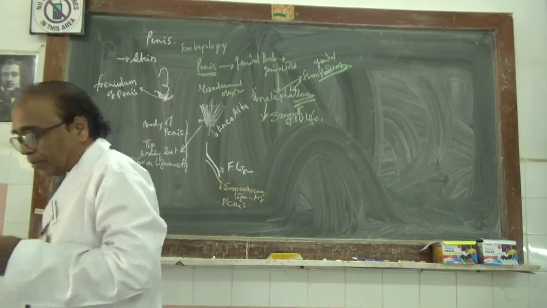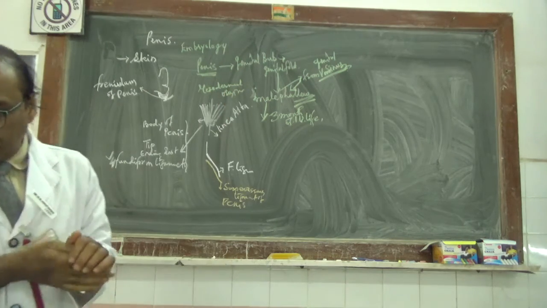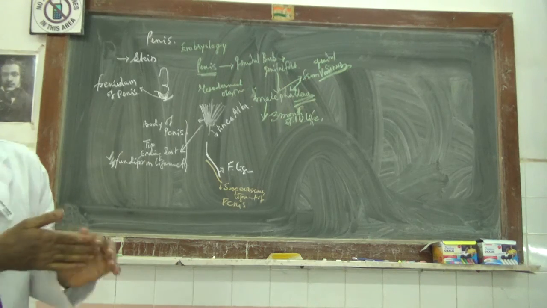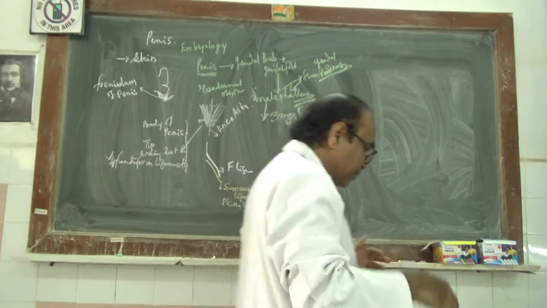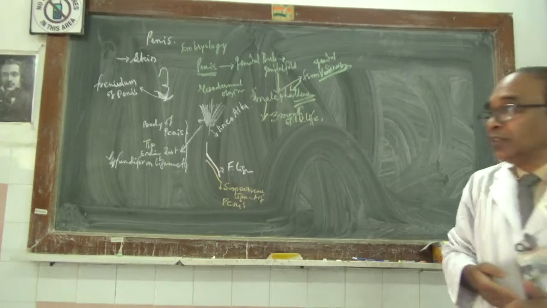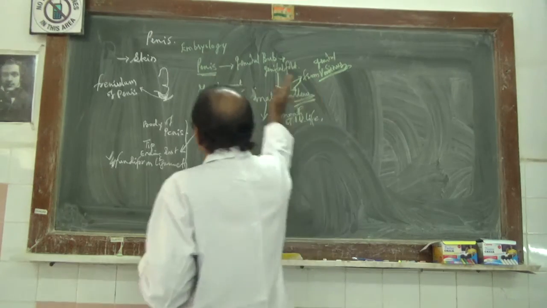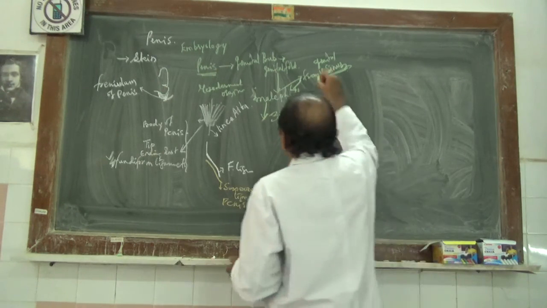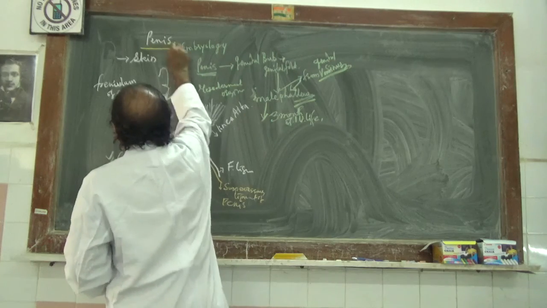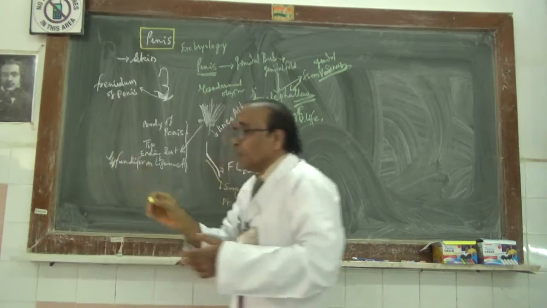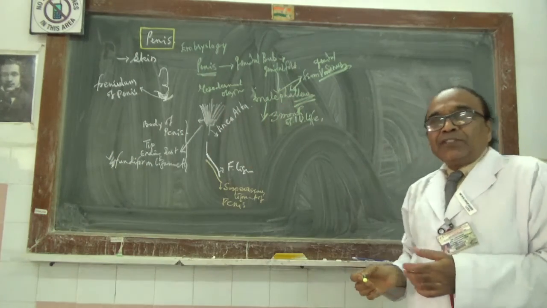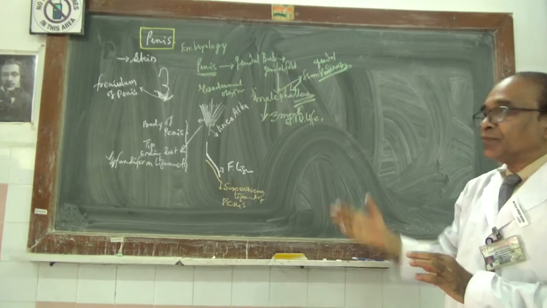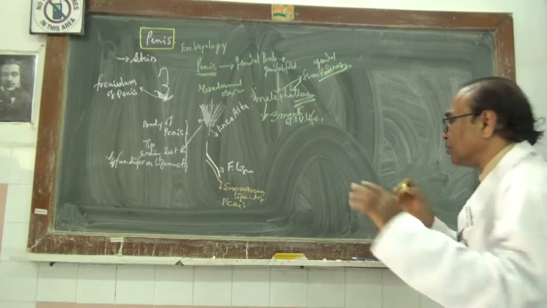Because this is totally developing from the mesoderm, as it is a part of the genital system. So this is the entire part of the penis where we had left off, as we were in a hurry. So this is what we have finished now.